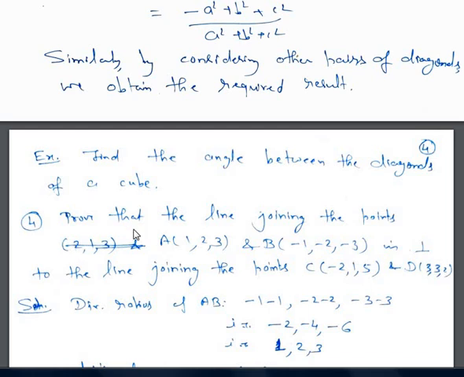Next example. Prove that the line joining the points A, with coordinates 1, 2, 3, and B, minus 1, minus 2, minus 3, is perpendicular to the line joining the points C and D. Means we have to show that line AB is perpendicular to line CD.